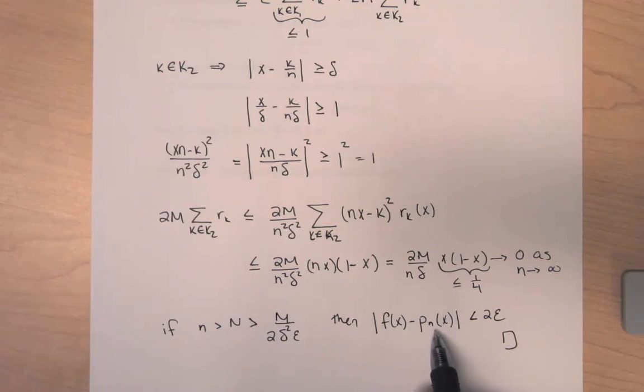Which means my Bernstein polynomial is as close to f as I like, so long as I choose the order of the polynomial large enough.